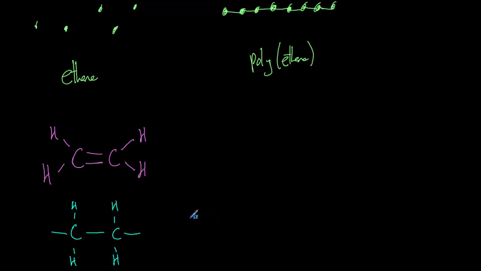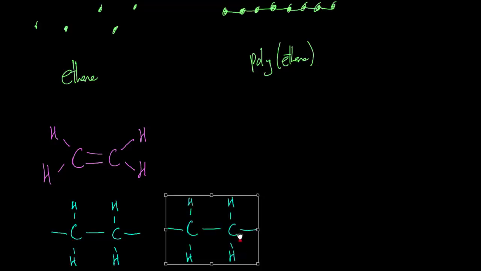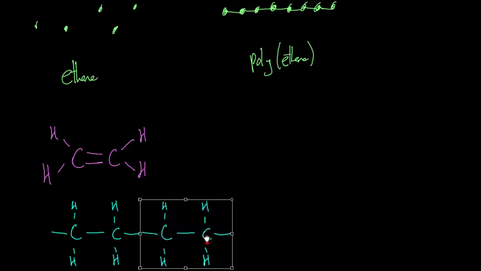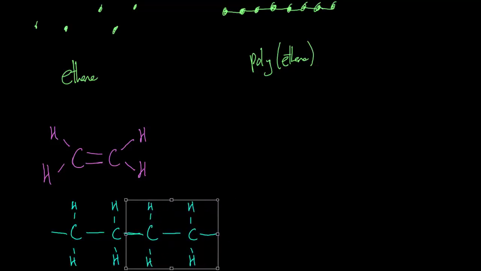And now think, if we did exactly the same thing, we have another ethene which has been broken open. And now look what happens if we put the 2 together. We now have a 4 carbon chain, but we still have these spare bonds on the right hand side and on the left hand side.